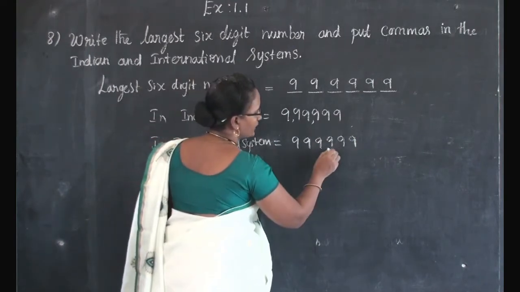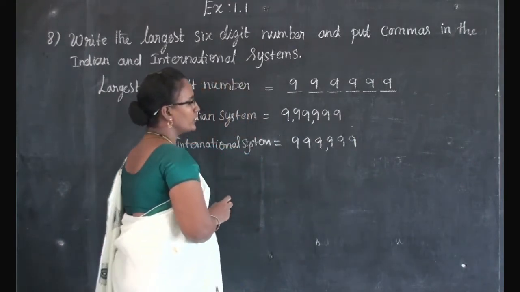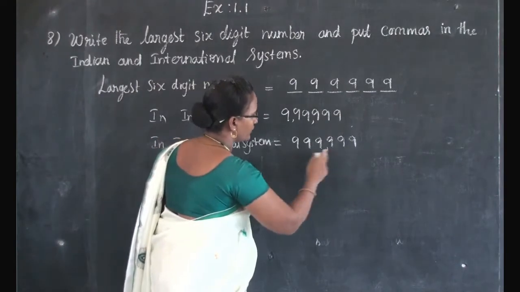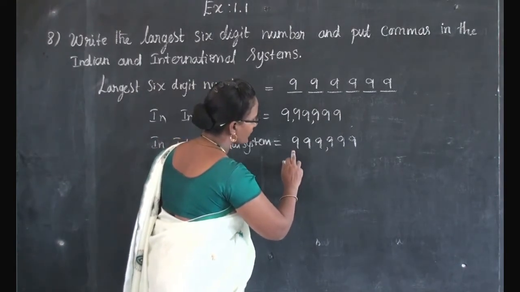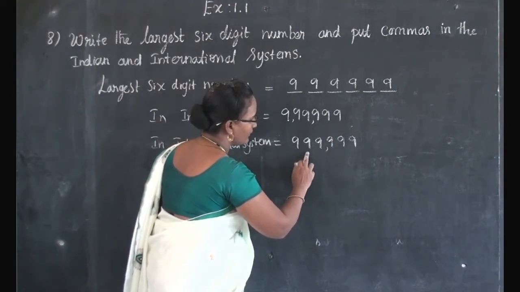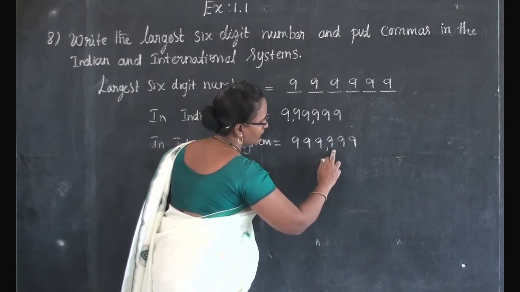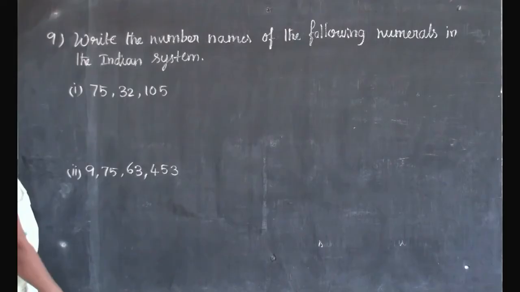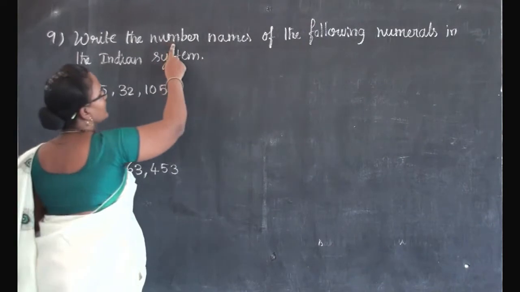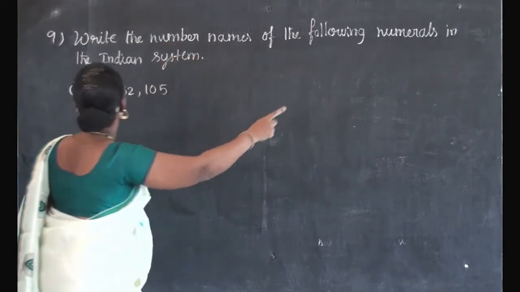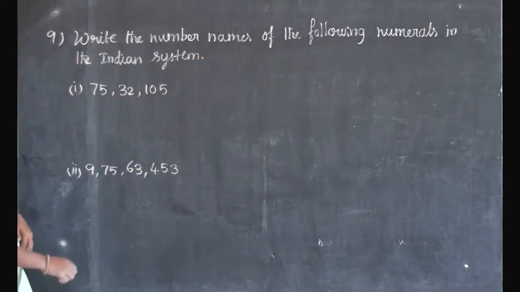So after 3 digits we put commas here. How will you read that? 999,999.